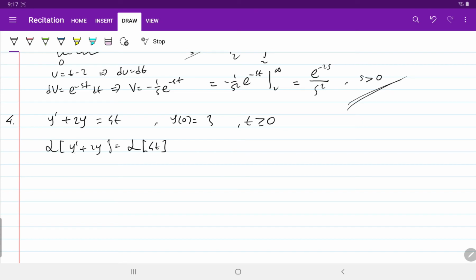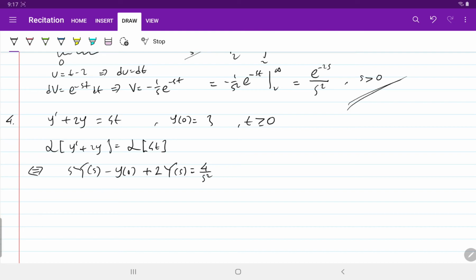The Laplace transform of y prime is sY of s minus y of 0, plus 2Y of s, and the Laplace transform of t is 1 over s squared, so 4 over s squared.